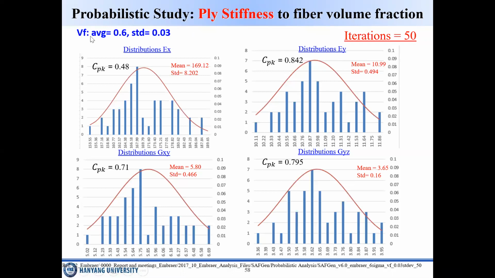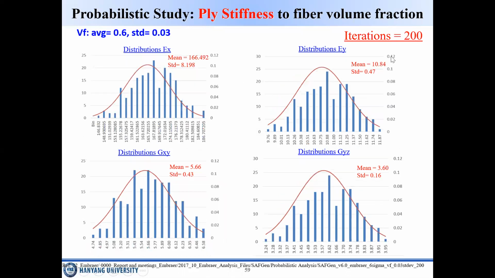This is the volume fractions, average 0.6 and standard deviation 0.03, and then the output of the EX is this. It varies from 150 to 189, and the average value is about 170.